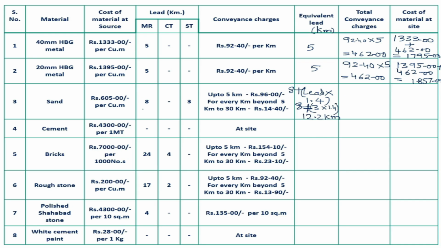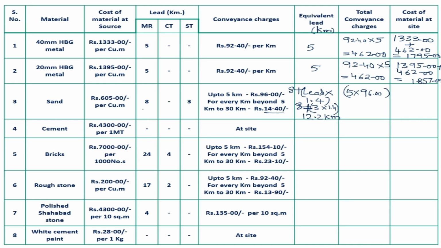Its total conveyance charge is calculated from these two columns data. So here conveyance charge is given for different kilometers. There are different rates. So up to 5 kilometers the conveyance charge is 96 rupees. For every kilometer beyond 5 kilometers and up to 30 kilometers is 14.40 paisa. Therefore this equivalent lead is 12.2 kilometers. For up to 5 kilometers the rate is 96 rupees.